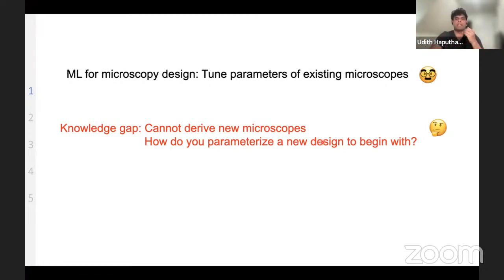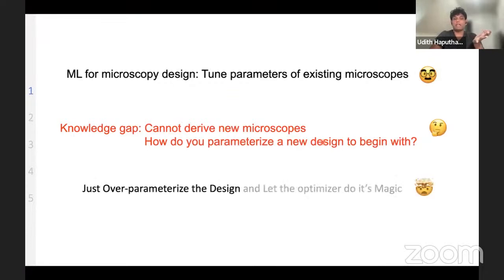So how can we do that? We can over-parameterize the optical designs and let the optimizer do the magic. I will go through what this over-parameterization means and why it should work.